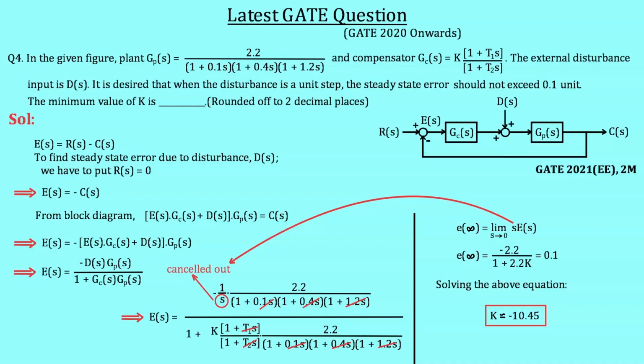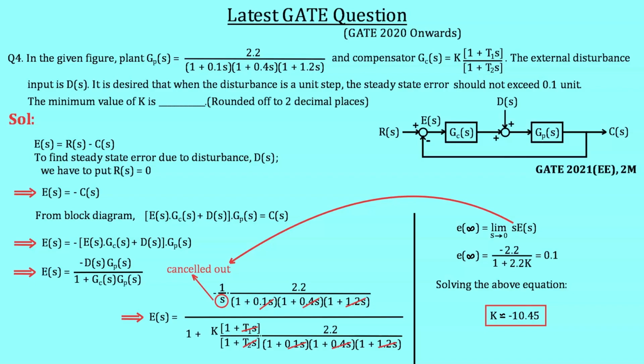Since we have to finally put the value of s equal to 0, it will be much better if we cancel all the terms consisting of s, and that's how you will save a lot of time by not simplifying the equation of error signal. After removal of all the terms consisting of s, we will have a very simple equation which is minus 2.2 divided by 1 plus 2.2k.